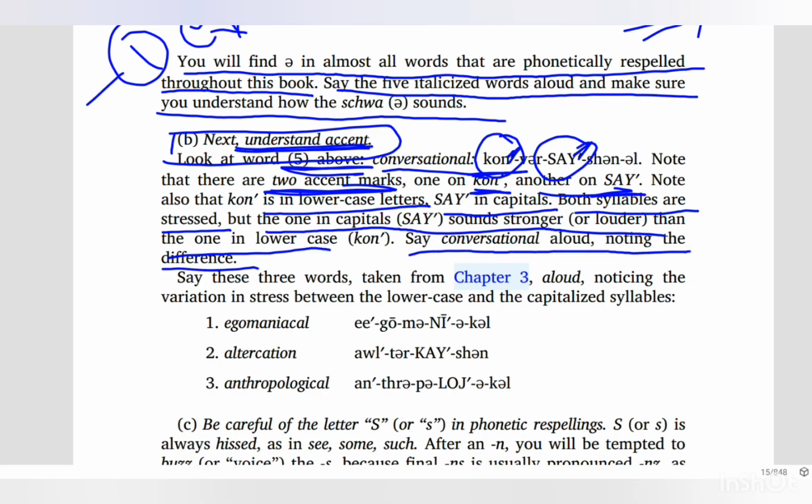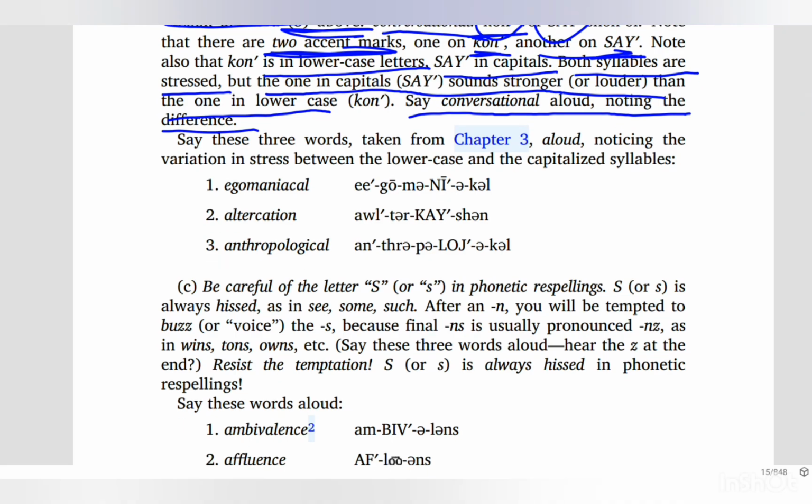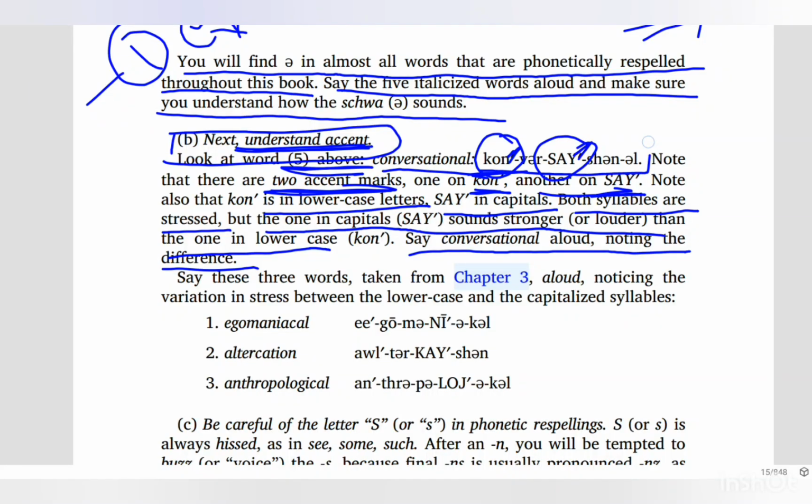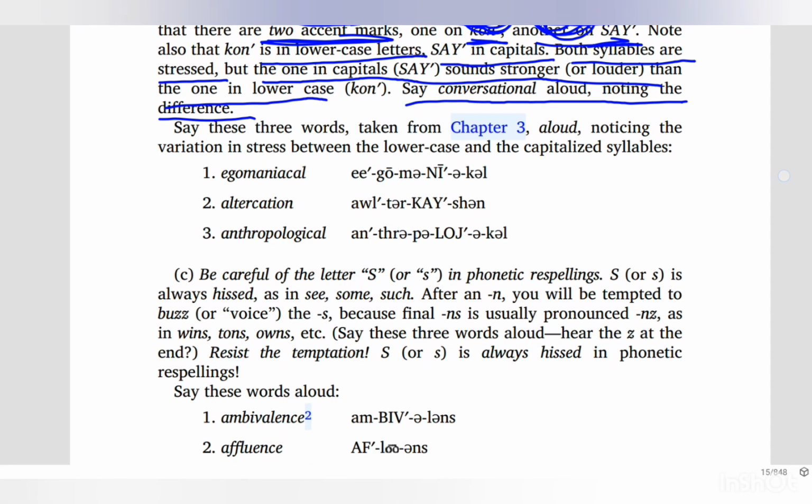So let's continue. Hope you understand what these symbols represent. So first, let's say this is conversational. We stress a little on this and we stress more on say, okay? Conversational, marking how we pronounce this schwa. Moving on.